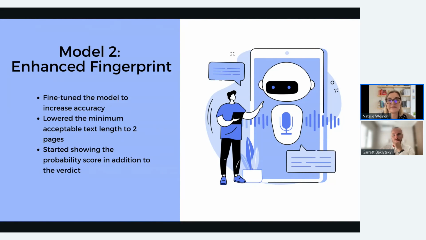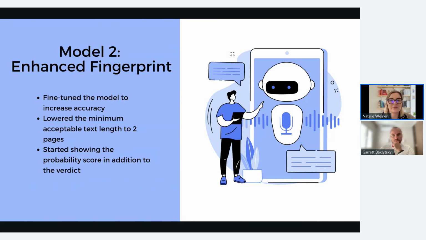While we were devising our forthcoming, more advanced solutions, we decided to upgrade our Fingerprint model as well in the meantime. So we fine-tuned the model to better catch distinct style characteristics of both ChatGPT and human texts. And this allowed us to achieve the amazing 90% accuracy.